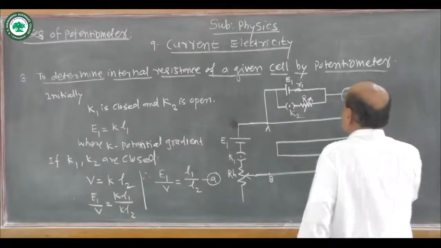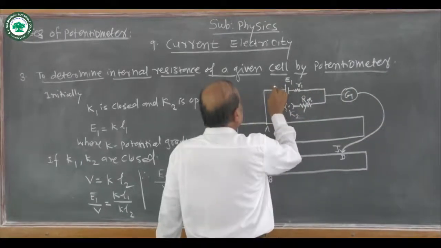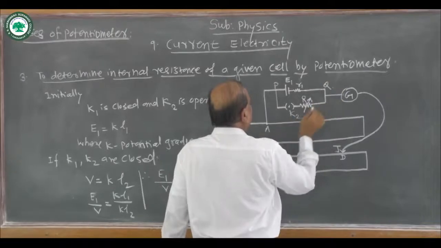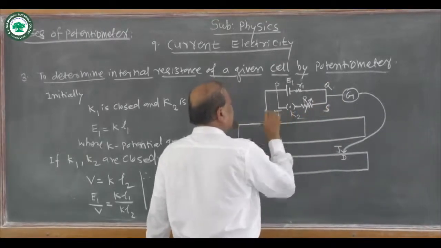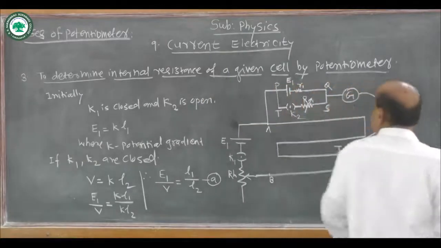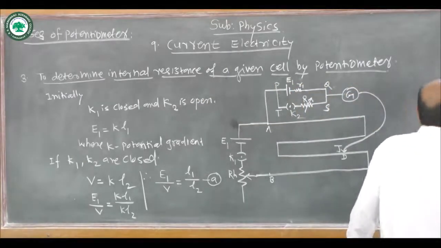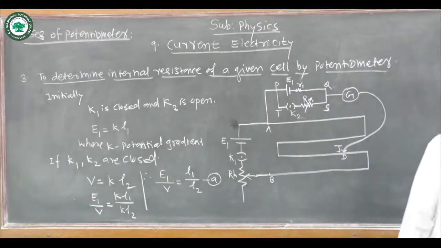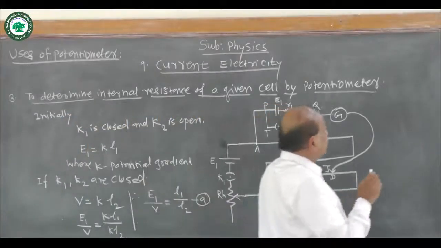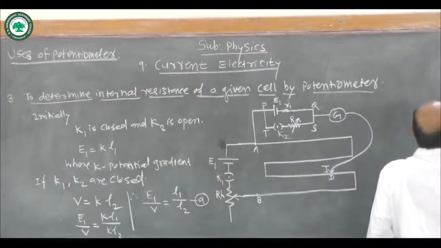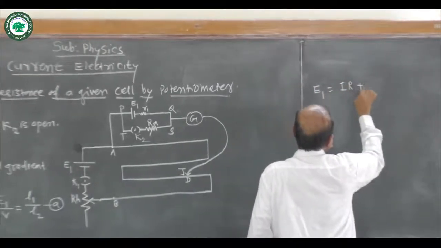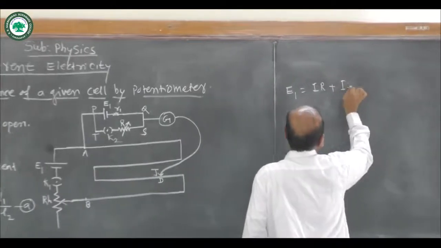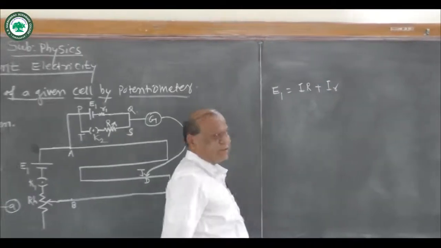Consider this primary circuit, that is P, Q, S, T here. For this circuit, applying Kirchhoff's voltage law, we get E1 is equal to IR plus Ir, where r is the internal resistance.